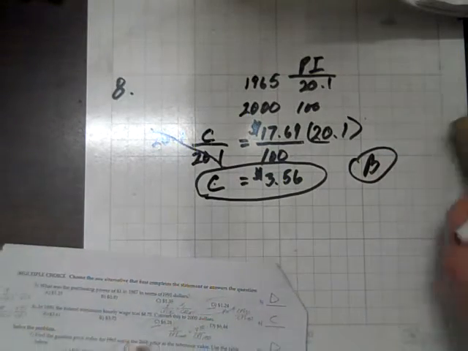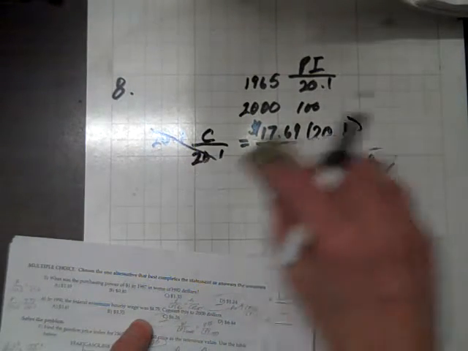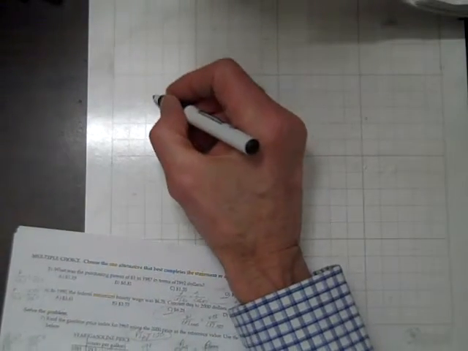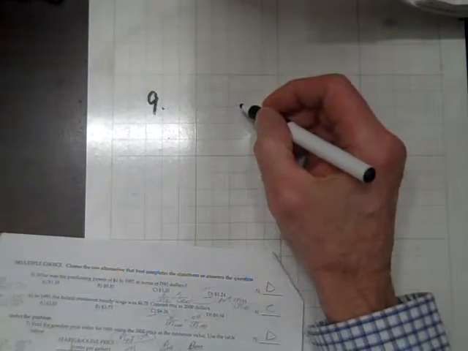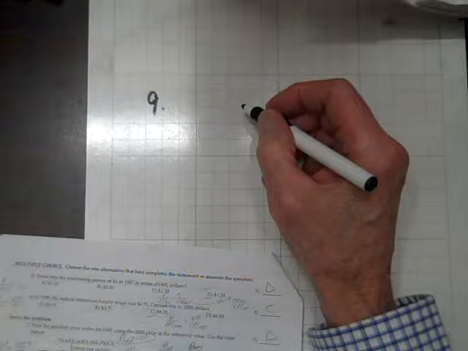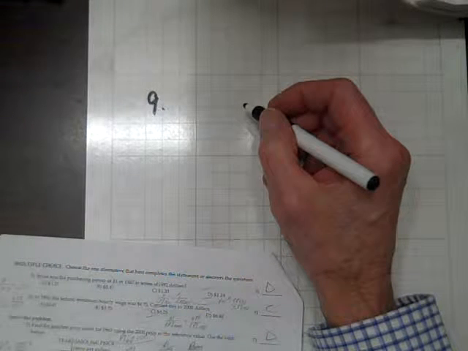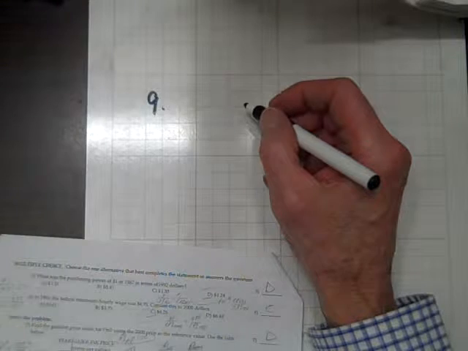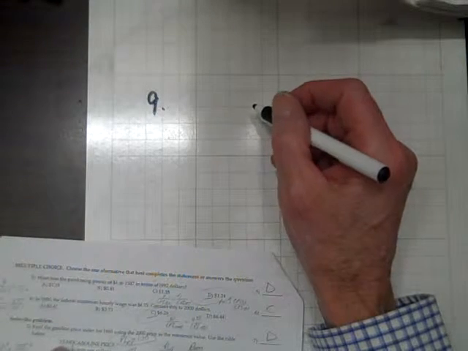Finally, one more problem, number 9. Find the inflation rate from 1988 to 1989.